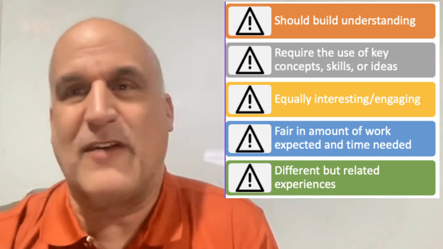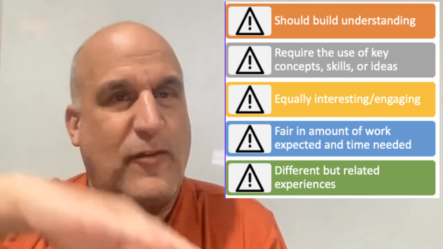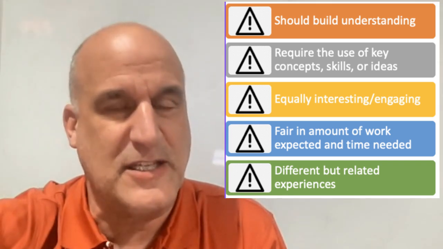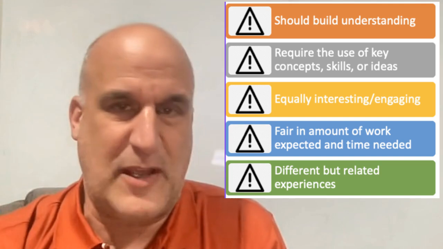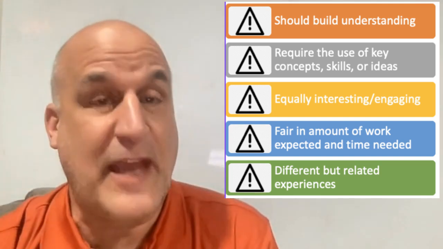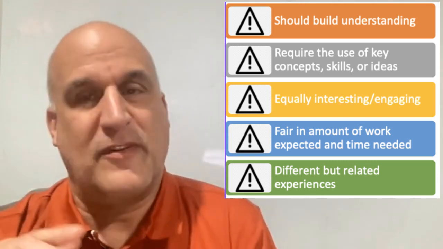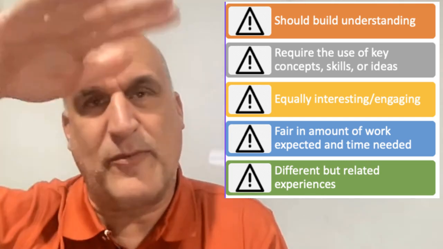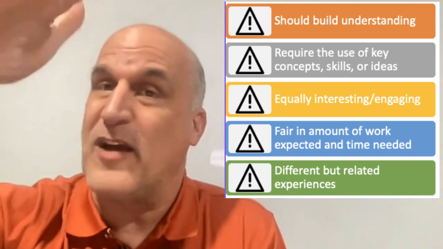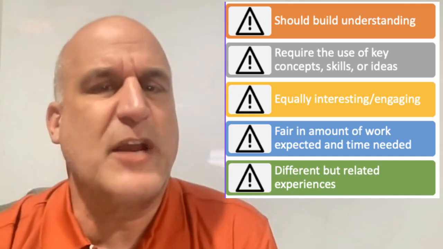Sometimes it feels like level 1 is really fun stuff and level 3 is really boring stuff like worksheets. That's not how it should be. They should be equally engaging and interesting. It should be fair in the amount of work. We punish the level 3 when it comes to fun, but we punish the level 1 a lot of the time because we say, oh, we'll just differentiate by adding more.